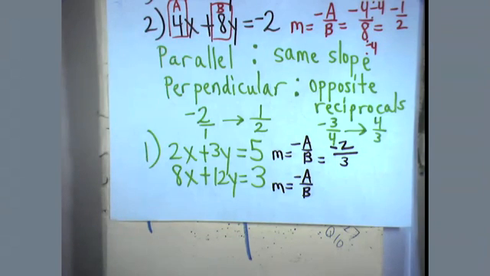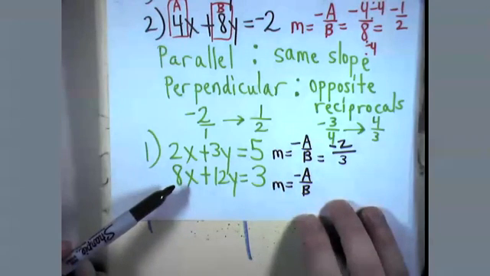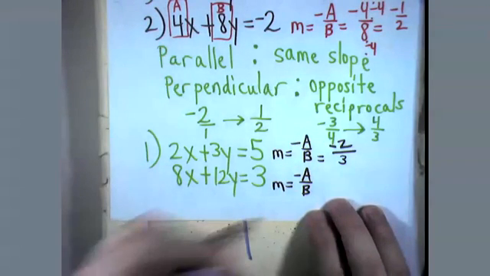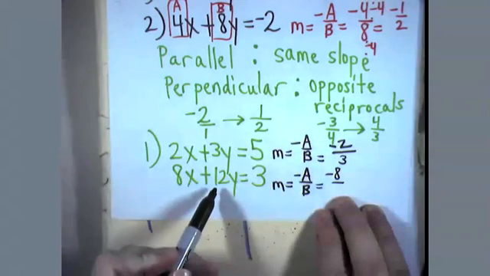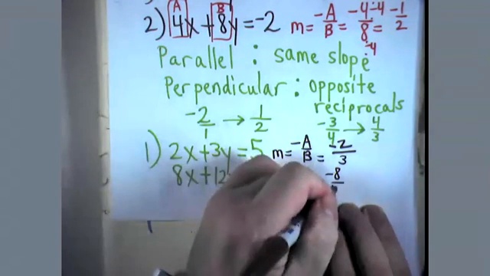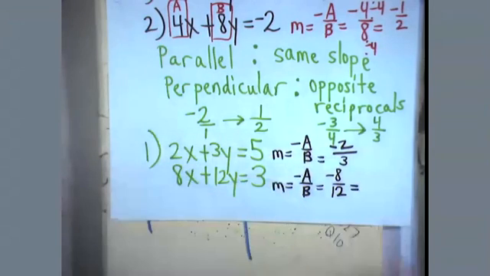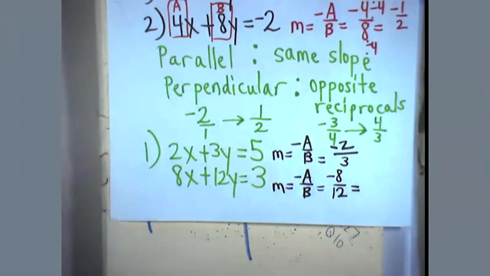Now to find the slope of the second line, you use the same shortcut formula and again identify a and b. For this second line, a is 8, but it's negative per the formula. And b is positive 12. And we can reduce the negative 8 over 12 by dividing each number by 4.